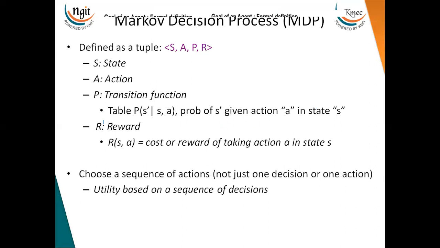And R indicates the reward that I have obtained because of the action A. So like this, there will be a sequence of states and a sequence of actions, also known as the sequence of decisions, which is defined by the utility. The utility is the final outcome that I am getting because of the sequence of actions.